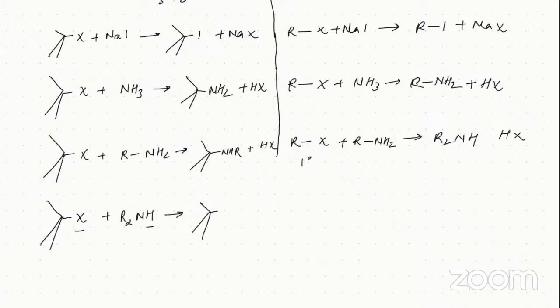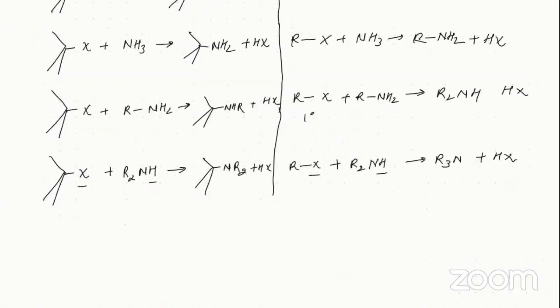This one will be NR2 plus HX out. Here you see this is RX plus R2NH, so this X and this H will be out. What will be there? R3N is obtained plus HX is out.